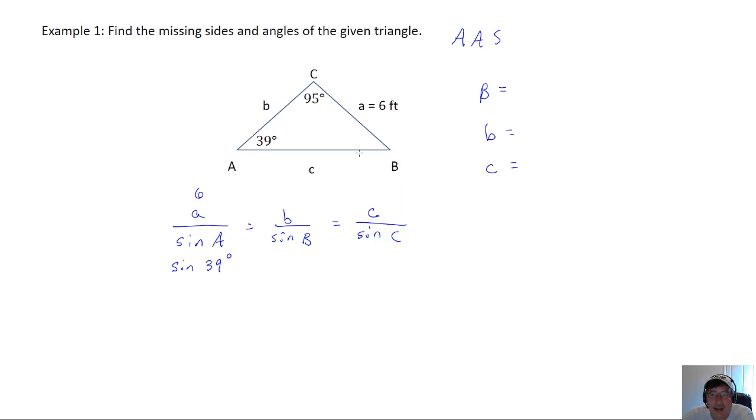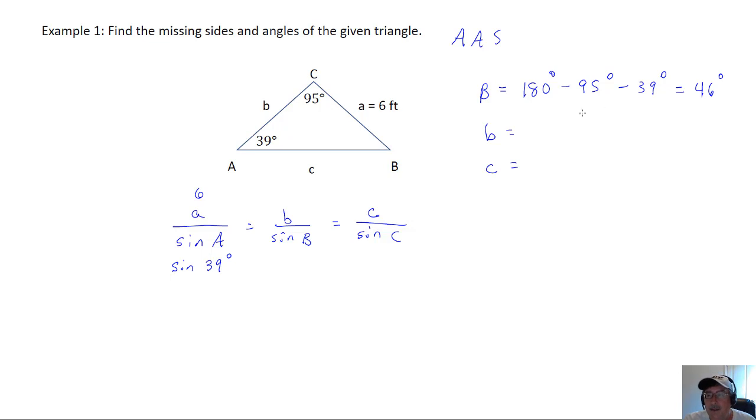We can get angle B very quickly because all three angles of any triangle add up to 180. So first I'm going to knock out angle B by taking 180 degrees and subtracting the other two, 95 and 39. You may want to get your calculators out and set them to degree mode, and we'll work on this together to make sure we get the same answers.